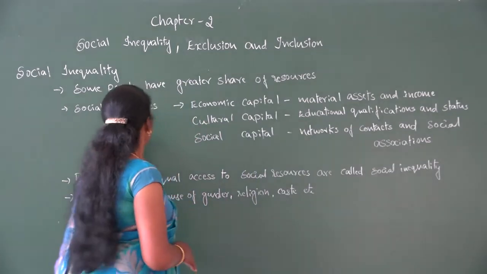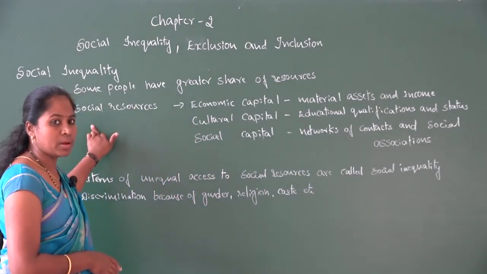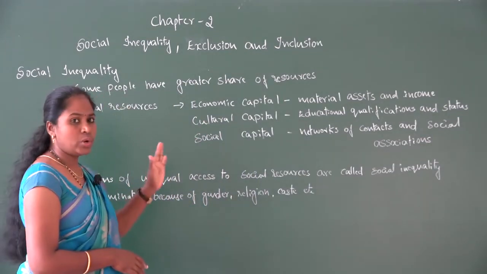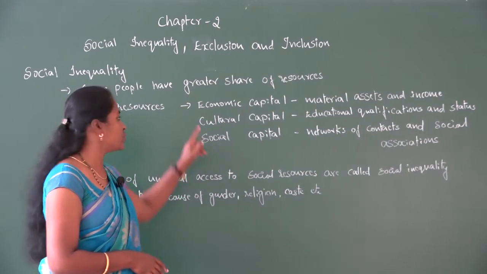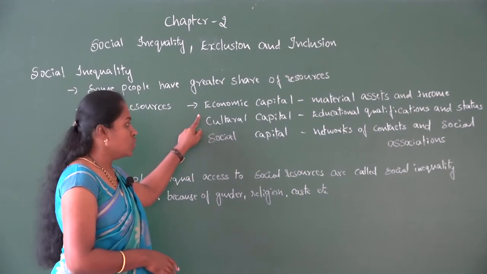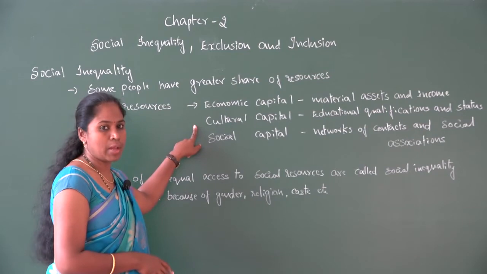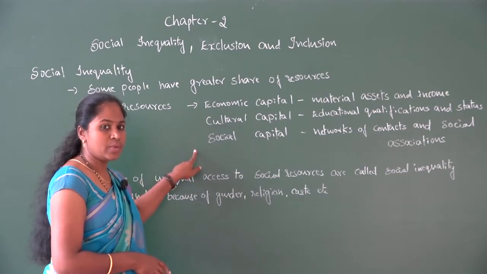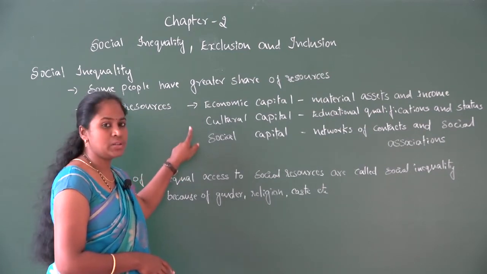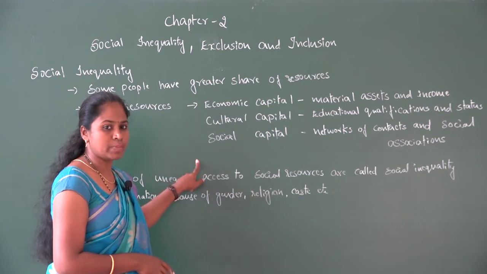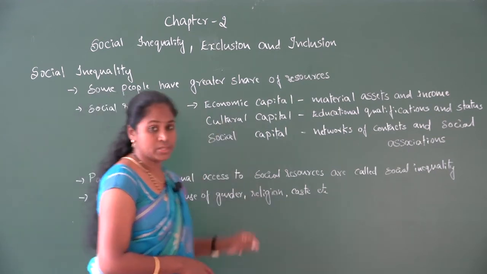Now we can see that social resources are divided into three different types: economic capital, social capital and cultural capital. What is economic capital?